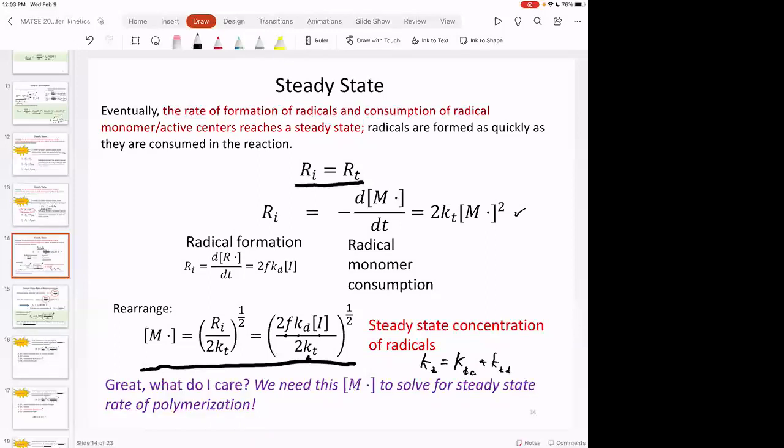So this is important. This is the only equation that we have where we can get M dot. There is no other way to figure out M dot, but we can know all of these things, right? We know the initiator and the temperature. We can know KD. We can control the initiator concentration. You have to have some information on F, and we have to have some information on KT, but we can get all these variables.